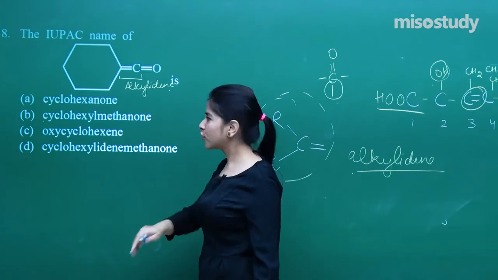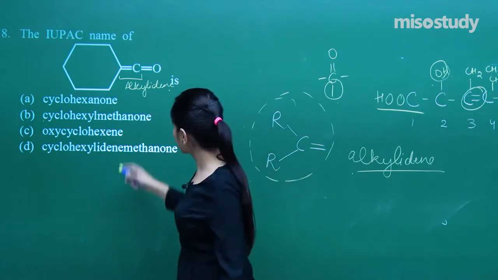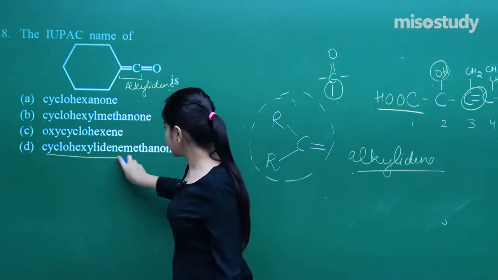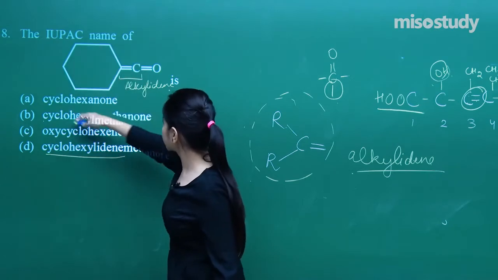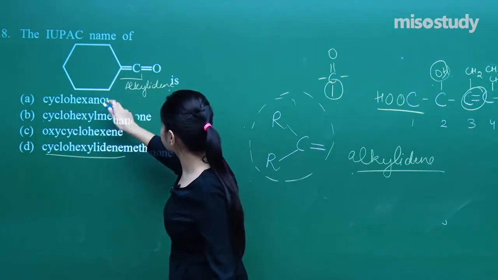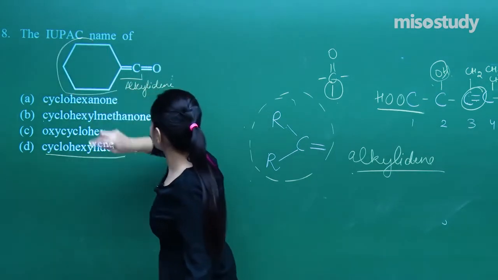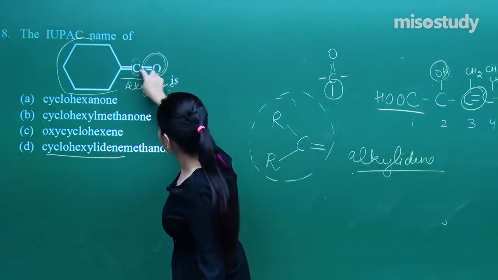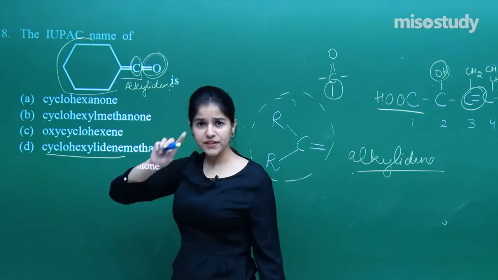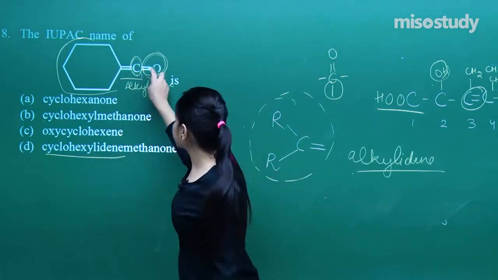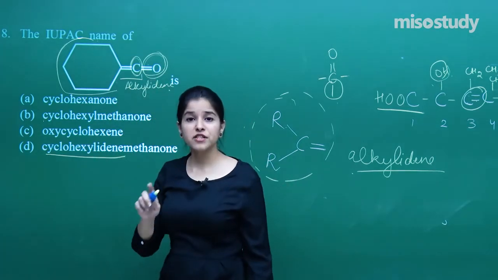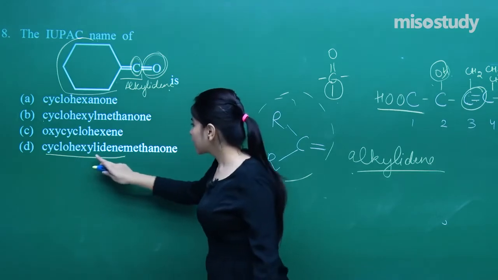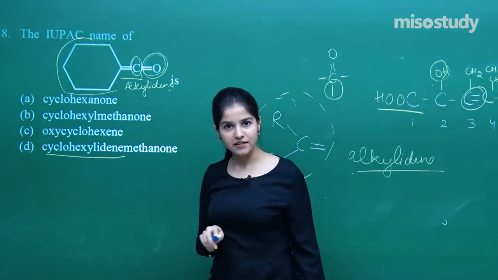That means I need not go into the rest of the options. I have got cyclohexylidene, that is for this very particular group, alkylidene. This entire group is included, and what I am left with is this. But I need to number this carbon as one, that means meth, connected with a ketone, that means methanone. Cyclohexylidene methanone is the answer.